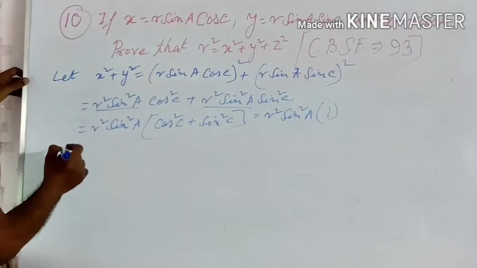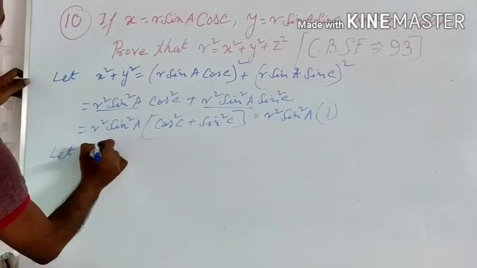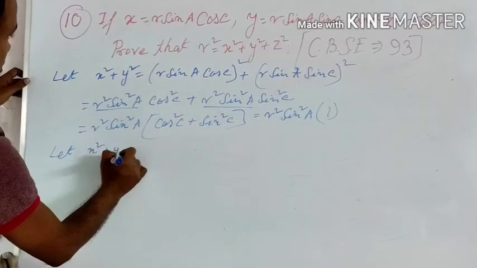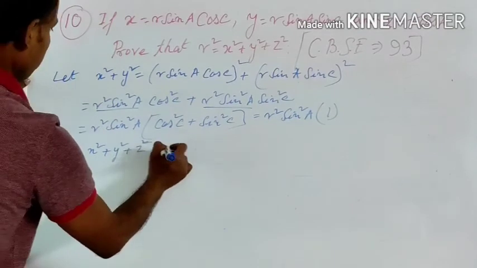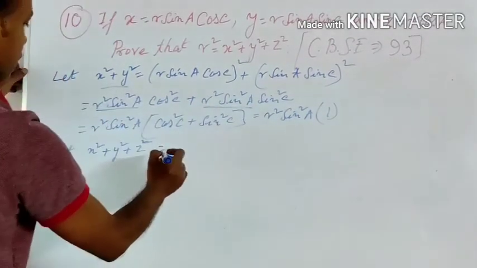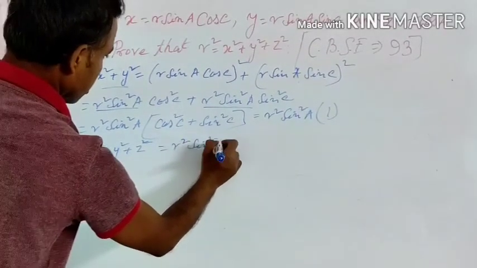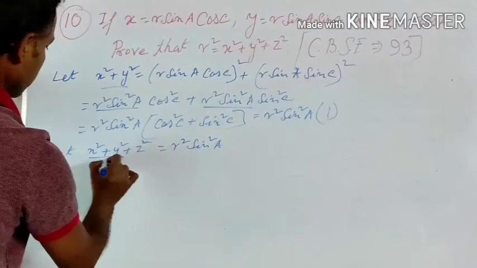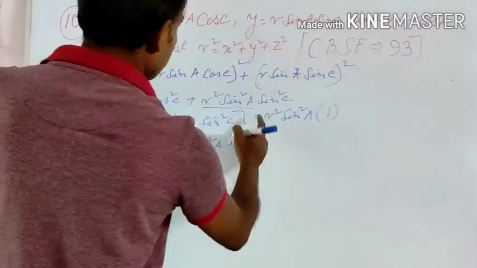Now let x square plus y square plus z square be, what? So x square plus y square is equal to r square sin square a, plus z square is equal to what?